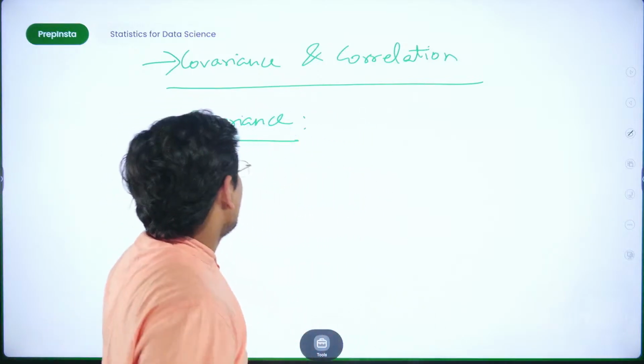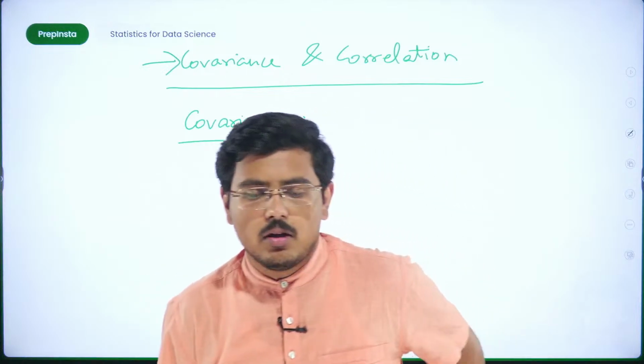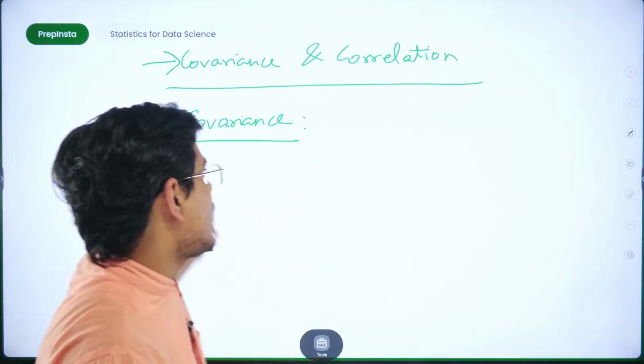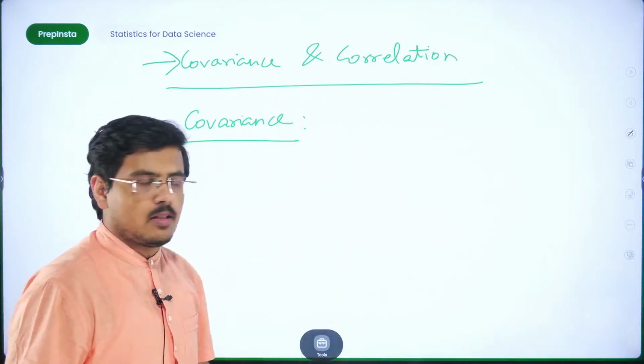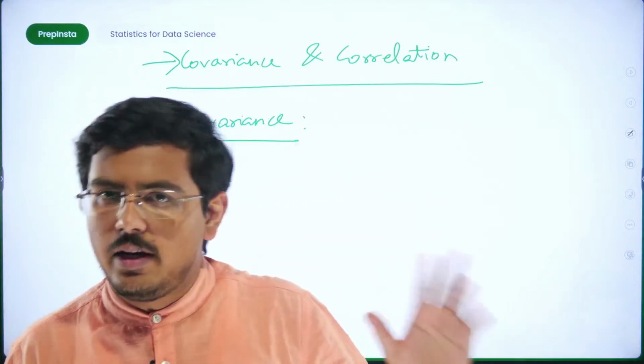So covariance and correlation, what's the basic use of them? For two variables, how they are related is basically checked using these two measures. These are two measures to quantify how two variables are related to each other.